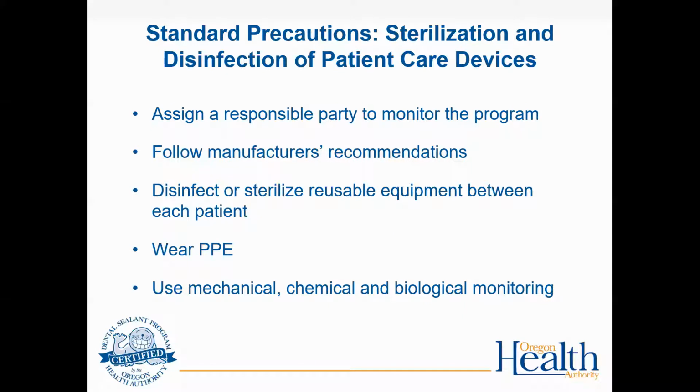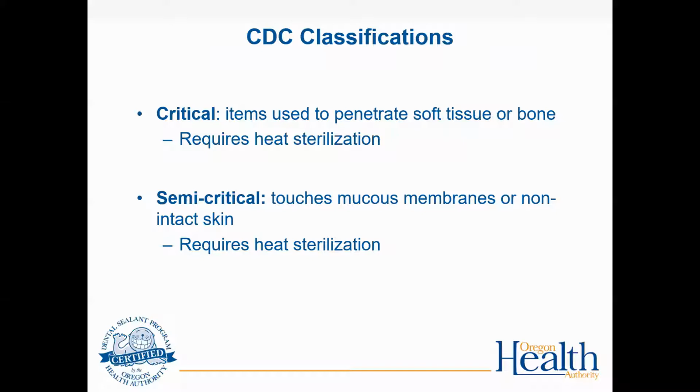For sterilization, assign one person to monitor the program. Always follow manufacturer's directions for your sterilizers and the type of pouches that you're using. Wear PPE during the process, and monitor mechanically, chemically, and biologically.